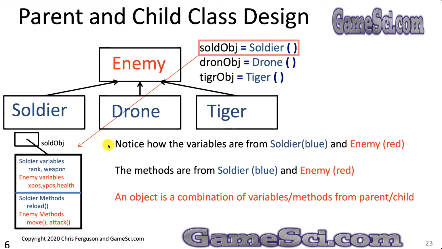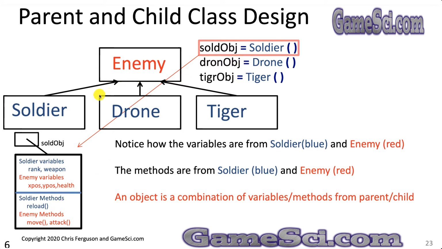Notice how the variables from soldier are in blue and from enemy are in red. The soldier object contains the variables we created in class soldier and the methods we created in class soldier. Those are in blue.